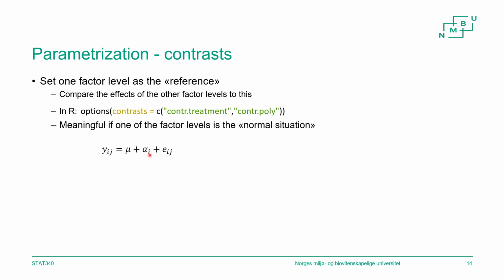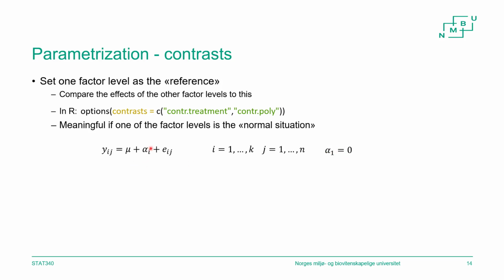And there is one for each factor level, i. And then we have the error term as before. So i is 1 to k, j is 1 to n, and then the first factor level is always 0 here. The alpha 1 is always 0.